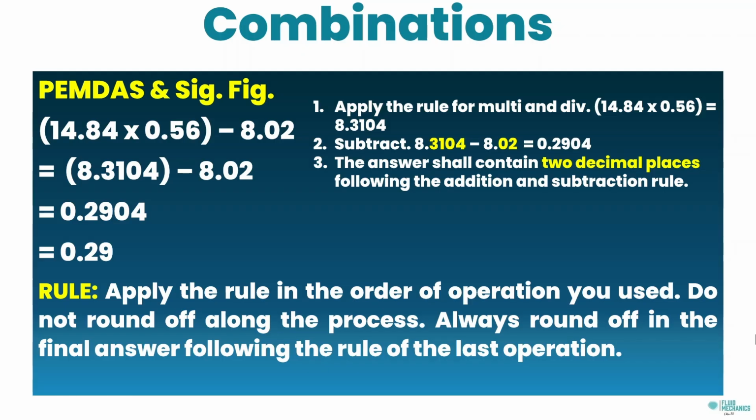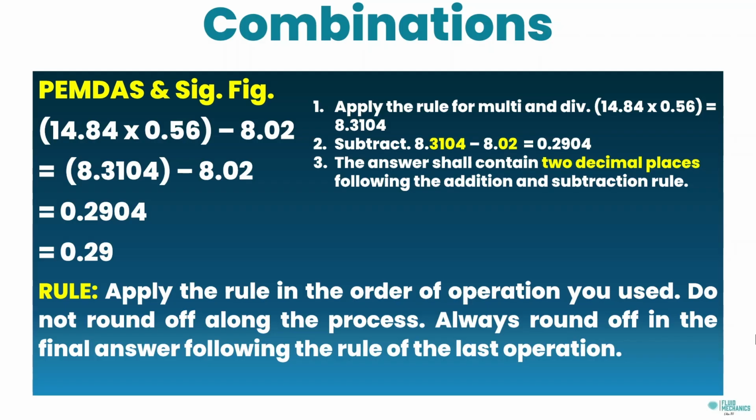Whatever numbers are inside the parentheses, you must first calculate them. After that, E stands for exponent or roots. After that, MD. MD is a twin. And whichever comes first, multiplication or division, must be calculated first. And lastly, AS stands for addition and subtraction, and they would be of last priority.